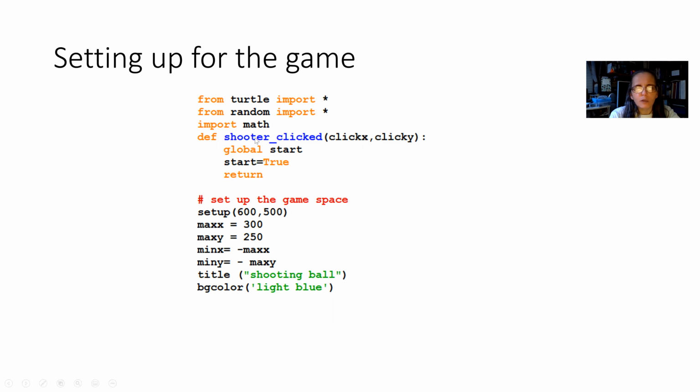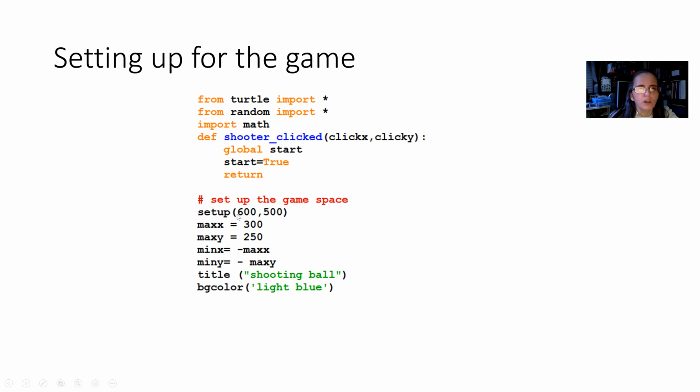By causing them to be global, this overrides that default feature and allows the variable to persist even after the function ends. So we're going to set start equal to True and return this. This is what is going to cause the shooter, that red square, to move across the screen and trigger the bullet.